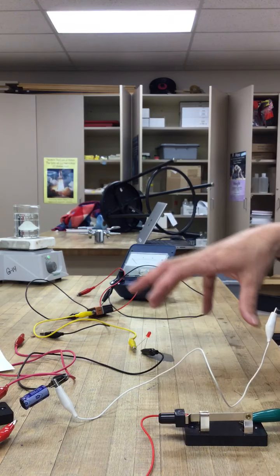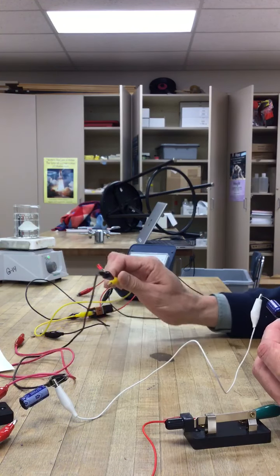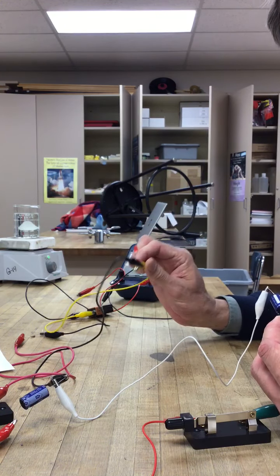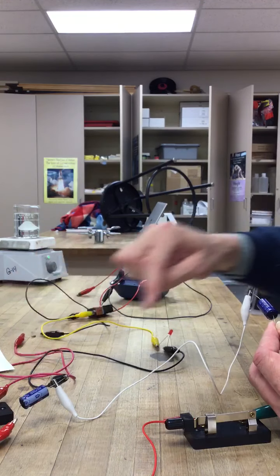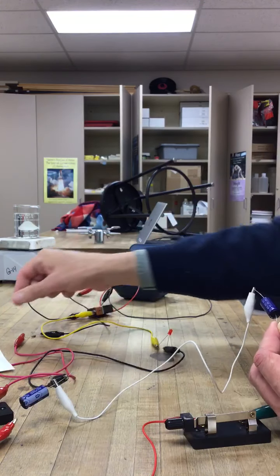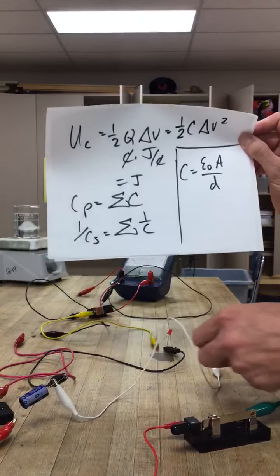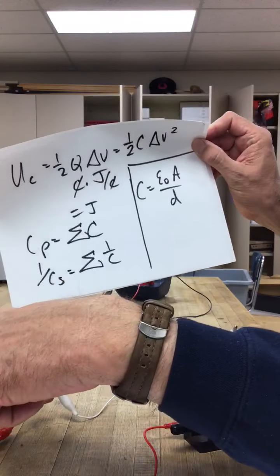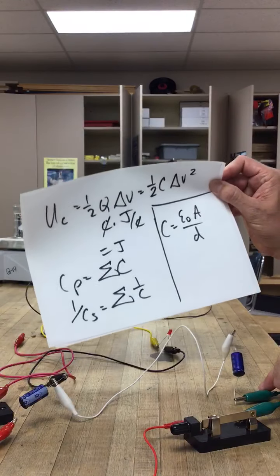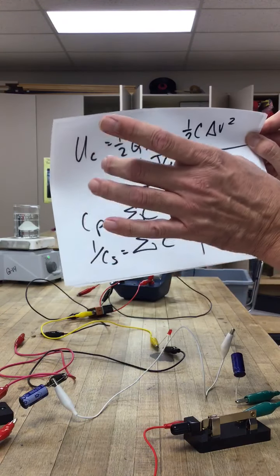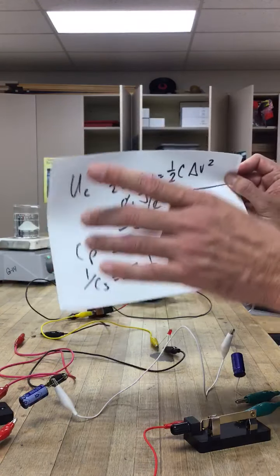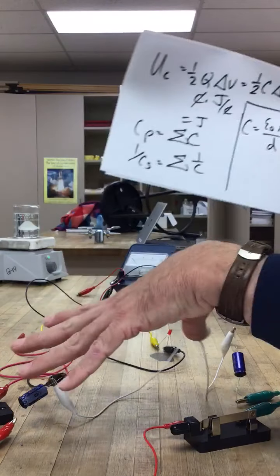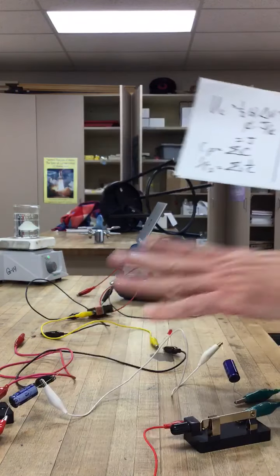So now you'll notice that this LED light has gone out again. So now I've got these two hooked up in parallel. In this case, because they're hooked up in parallel, I would take 1,000 microfarads plus another 1,000. So this would be the equivalent of a 2,000 microfarad capacitor because these are hooked up in parallel.